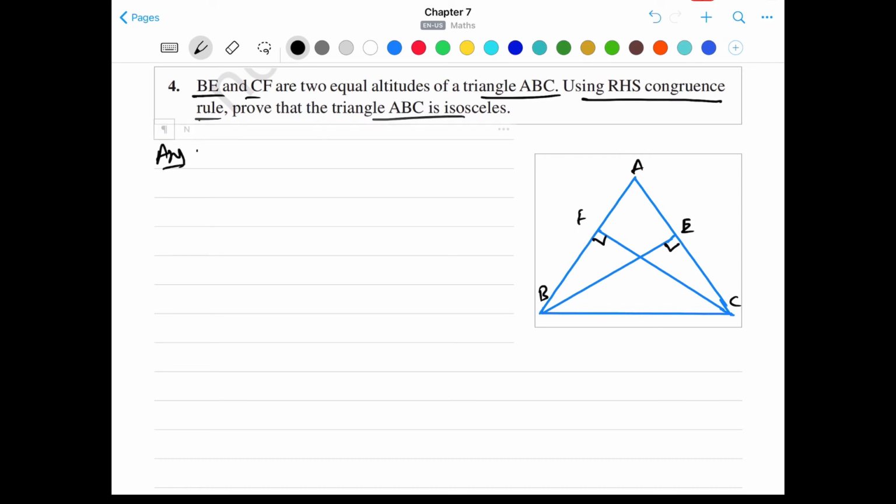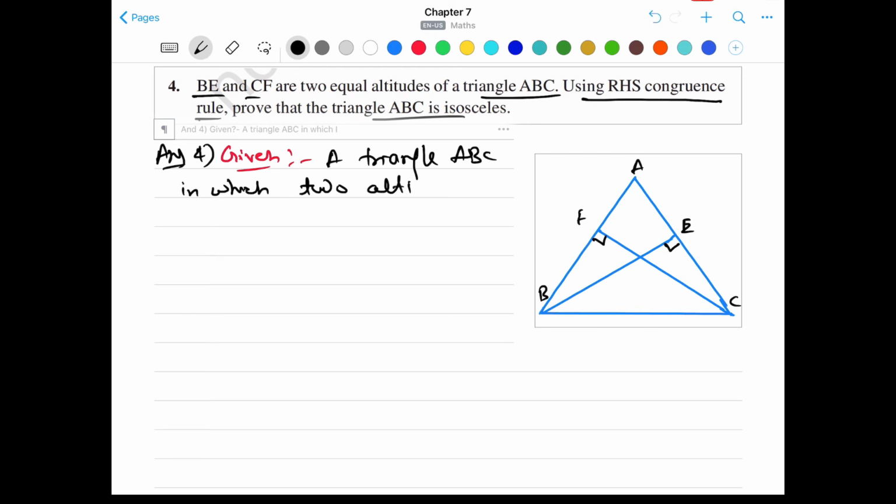So let's start answer number 4. First we'll mention the given part. Given is a triangle ABC in which two altitudes BE is equal to CF.